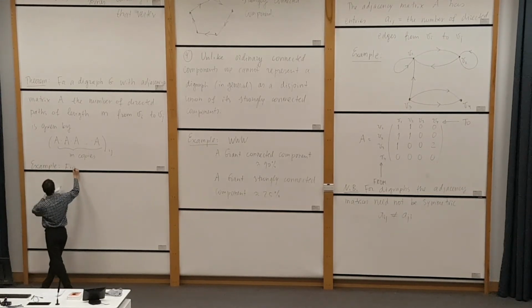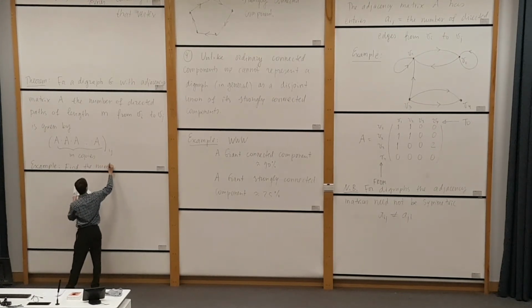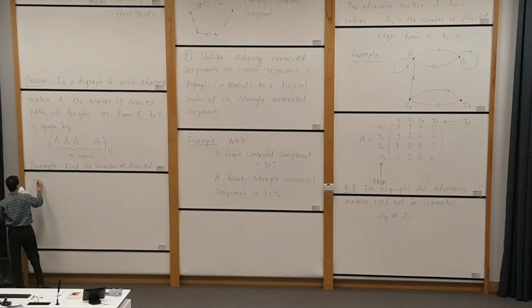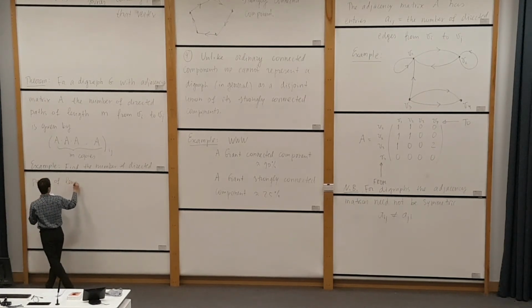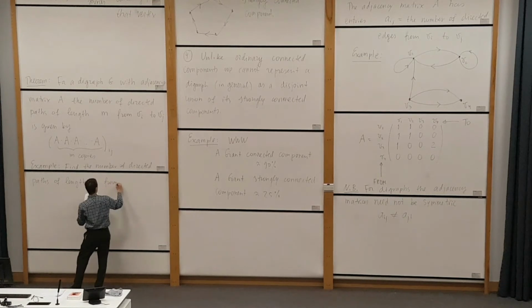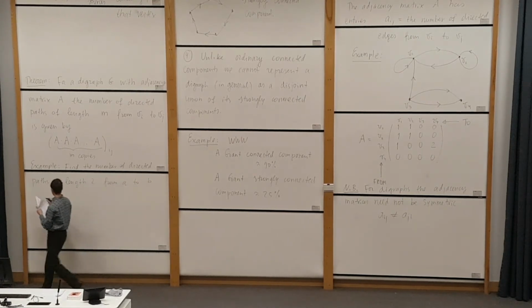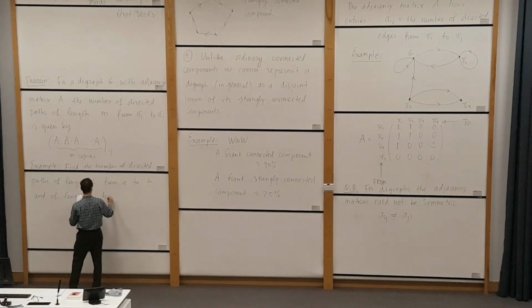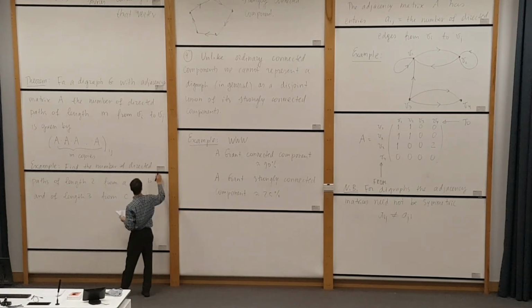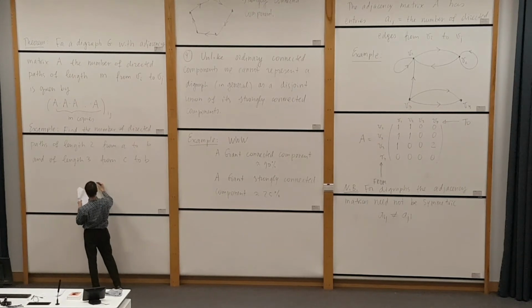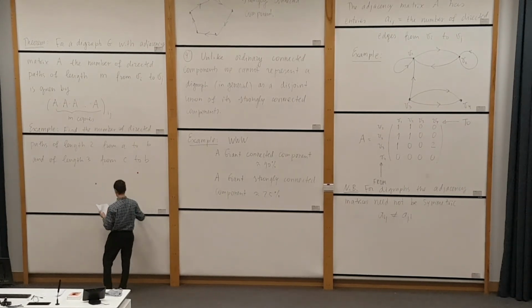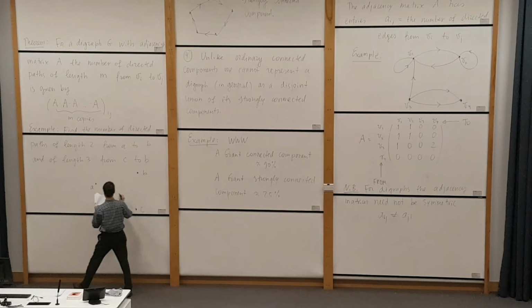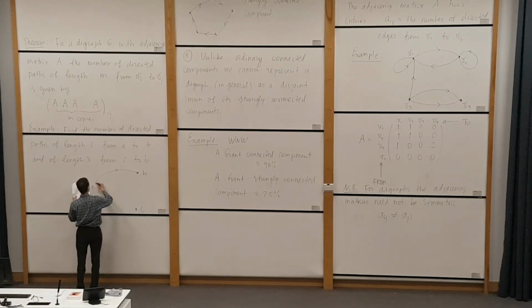Example. Find the number of directed paths of length 2 from A to B. The graph has only 3 vertices, A, B, and C, but it has many directed edges.